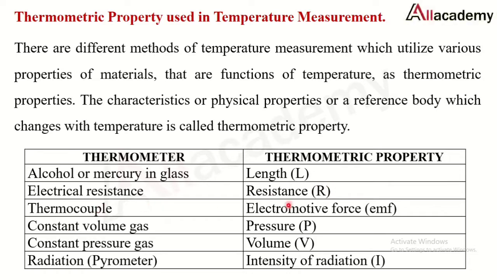In a thermocouple, we use the electromotive force, that is EMF. In a constant volume gas thermometer, the pressure is used. In a constant pressure gas thermometer, the volume is used. In a radiation pyrometer, the intensity of radiation is used. These are the parameters with respect to the thermometers, and based on these properties we can identify temperatures using these thermometers.